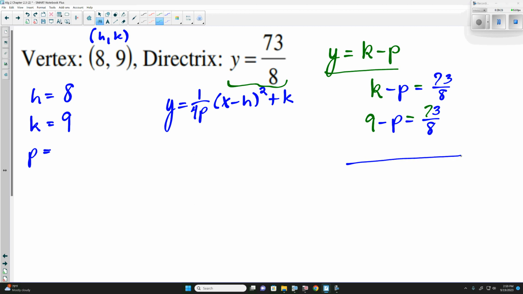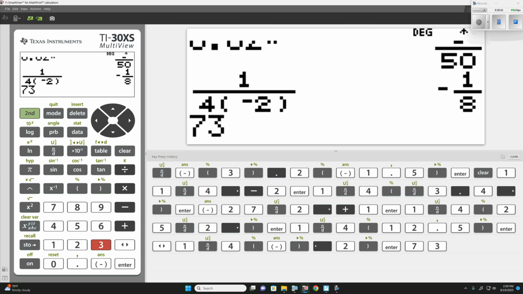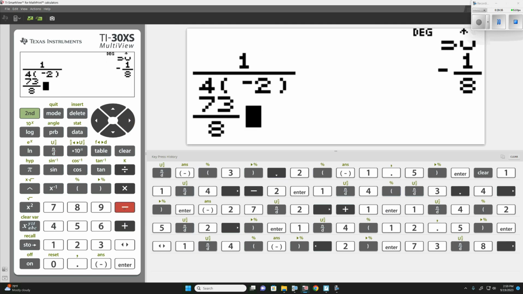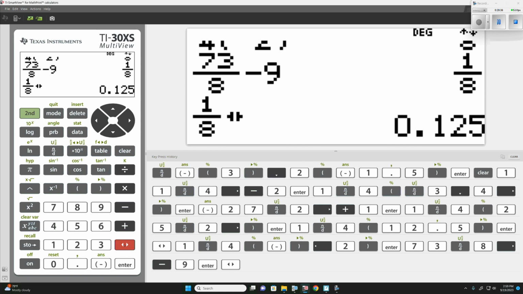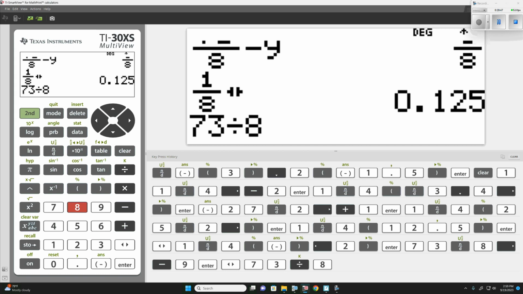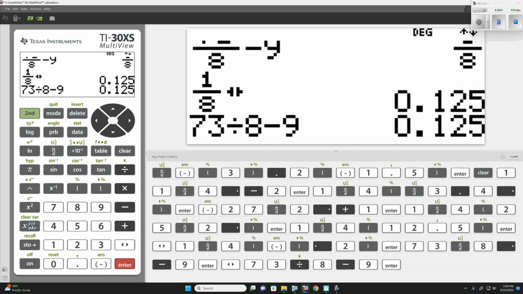So to get p by itself, we would, telling us negative p is equal to, so you should get 0.125. There you go.